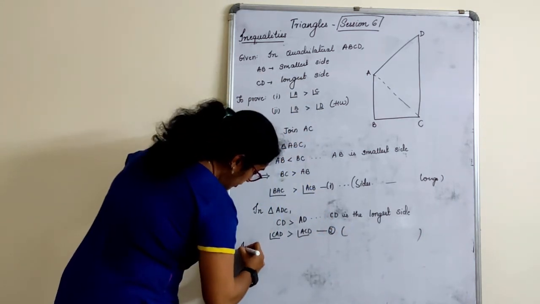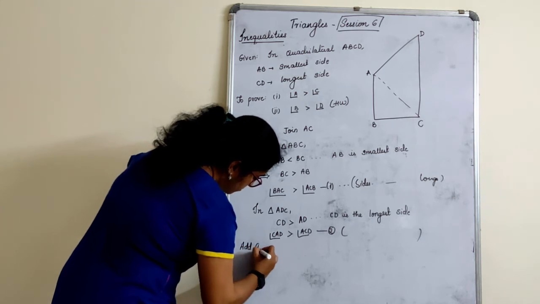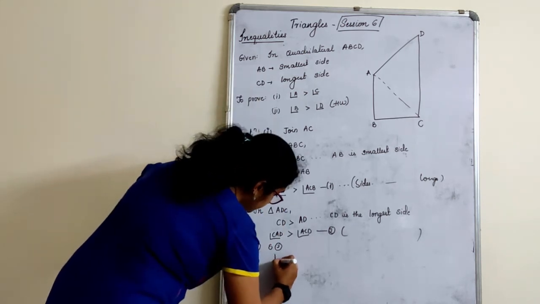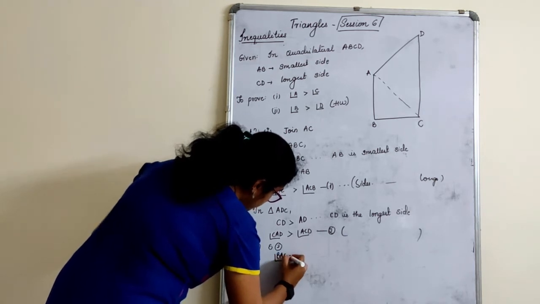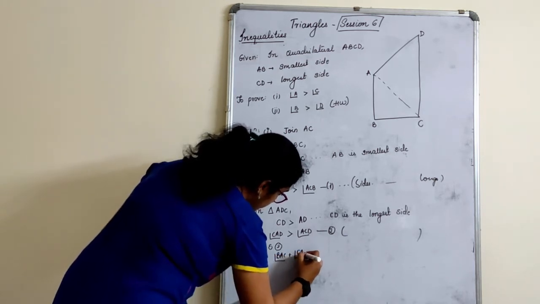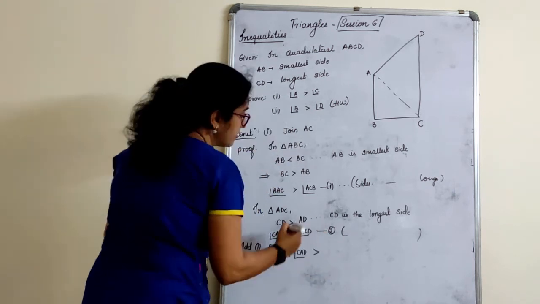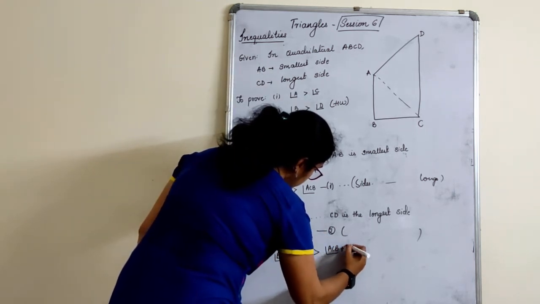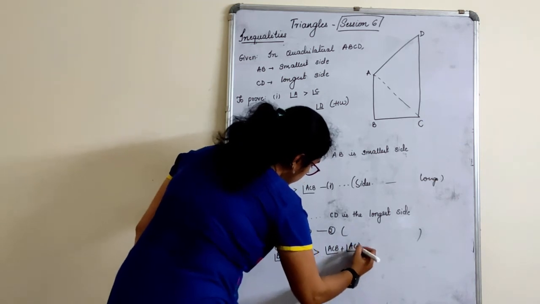Add equations 1 and 2. BAC plus CAD is greater than ACB plus ACD.